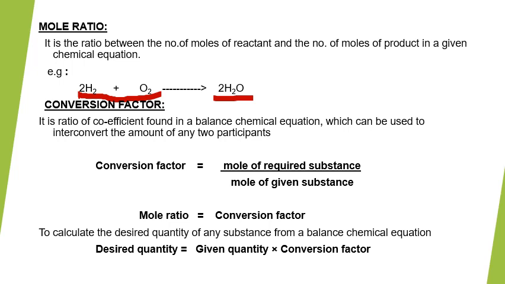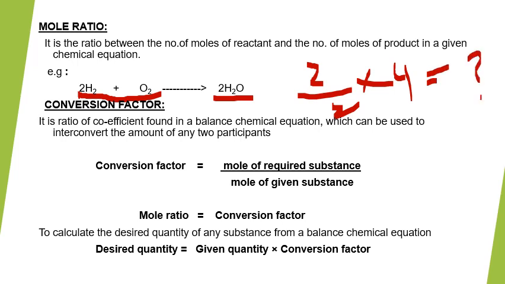That is 2 moles of water upon 2 moles of hydrogen. And if you have 4 moles of hydrogen, so what will be the amount of water? Right? This is what we say is the conversion factor.